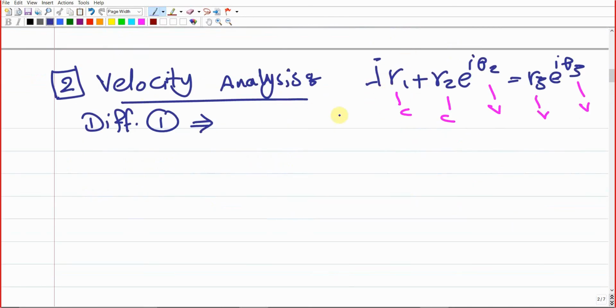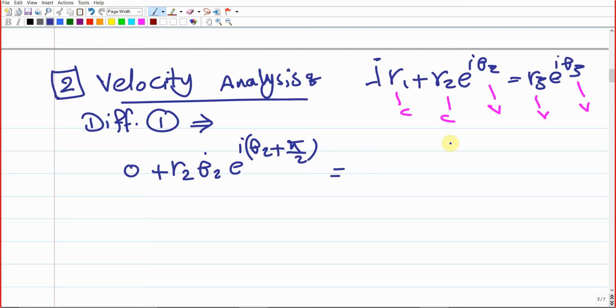The derivative of R1 definitely is going to be 0. So we'd have 0 term plus the R2 is just constant. And the derivative of the exponential term for theta 2 is going to give us theta 2 dot e^(i(theta 2 plus pi over 2)) as we agreed before, right?